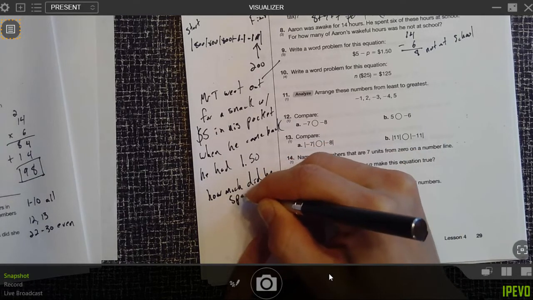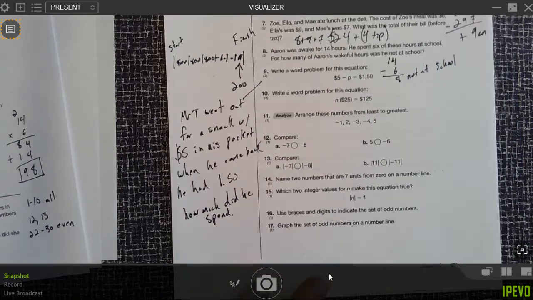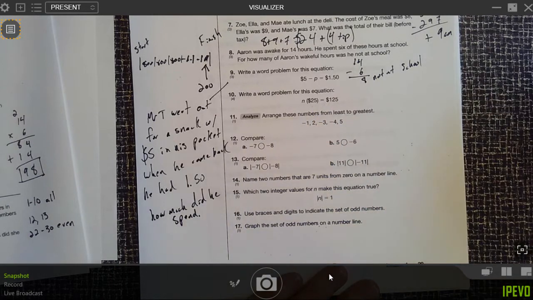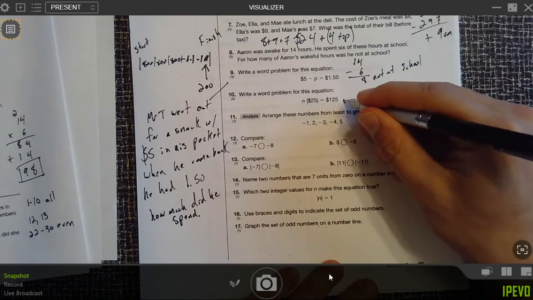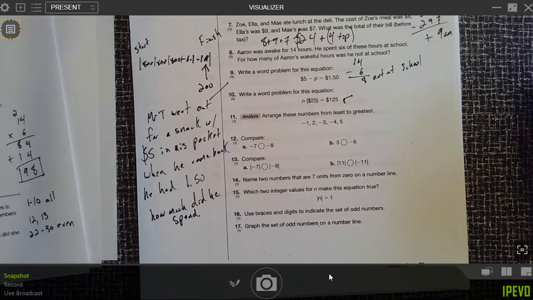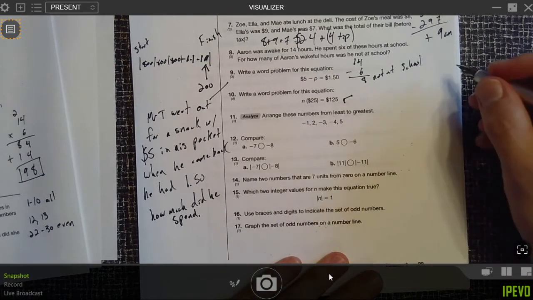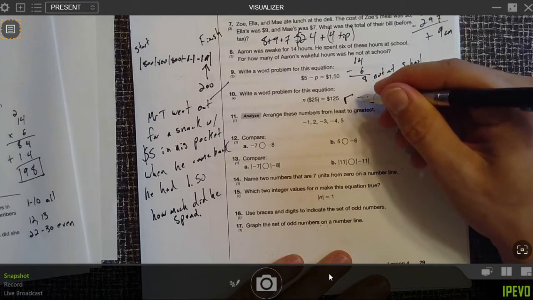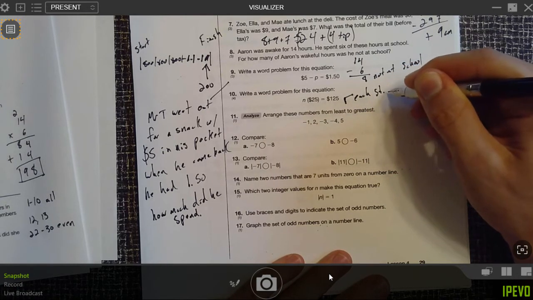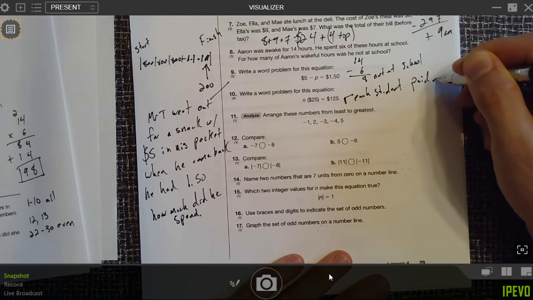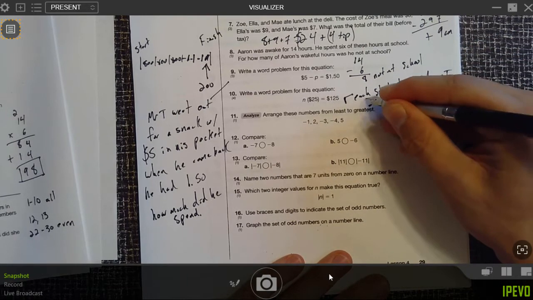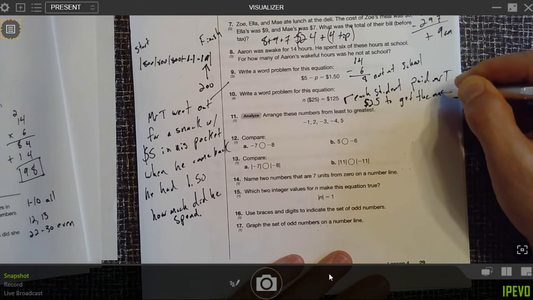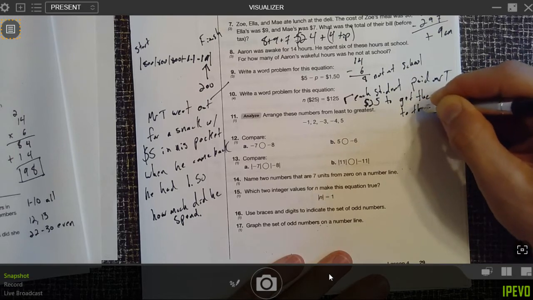Okay. Write a word problem for this equation. N times 125 equals 125. Okay. So in this case, we'll say each student paid Mr. T $25 to get the answers to the test.